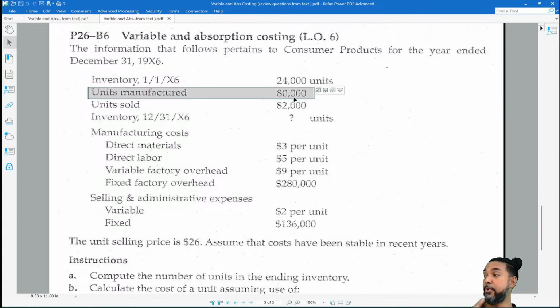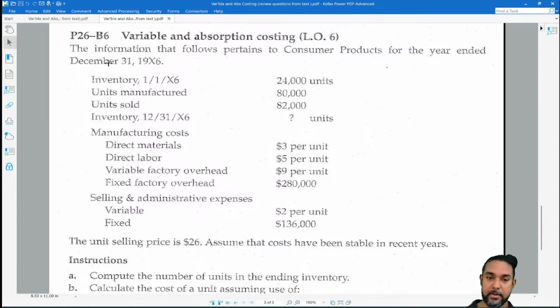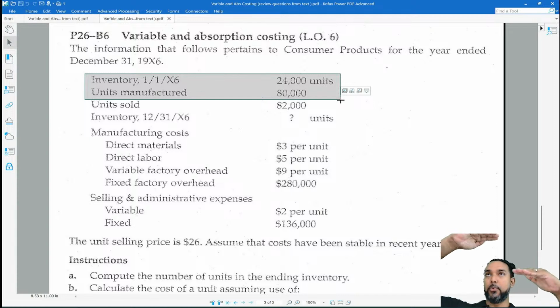Just like in process costing, we added 24 and 80 and got 104, the number of units to account for. Then we sold 82, so there's 22,000 left in ending inventory. You could apply your process costing section 1 technique, accounting for physical units, here as well.